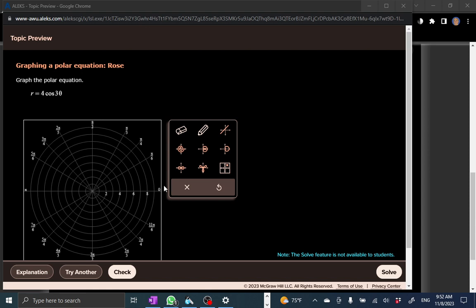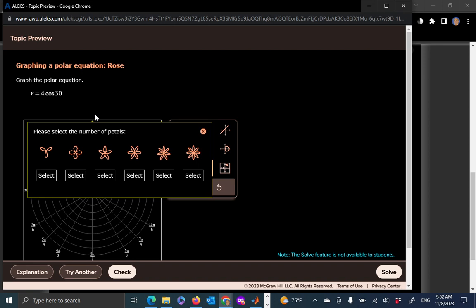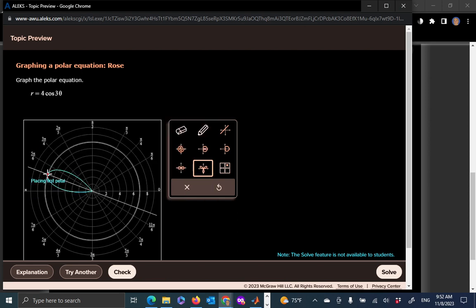So what are the ways of doing this? It's a rose. We know it's a rose because the multiple of theta is a number bigger than 1. For an odd multiple, it's just that many petals, so it's going to be this one.